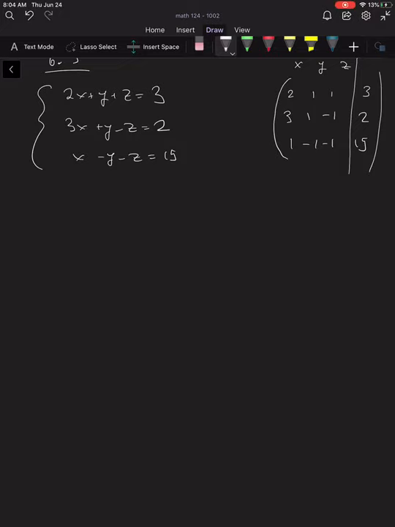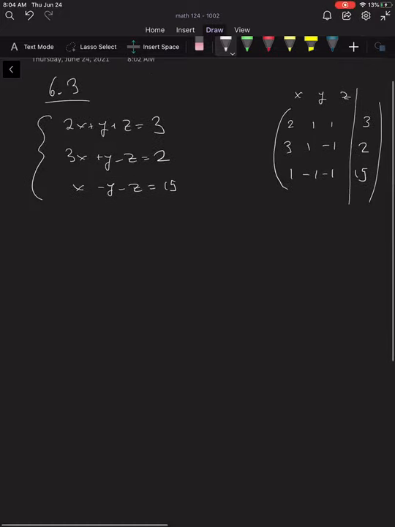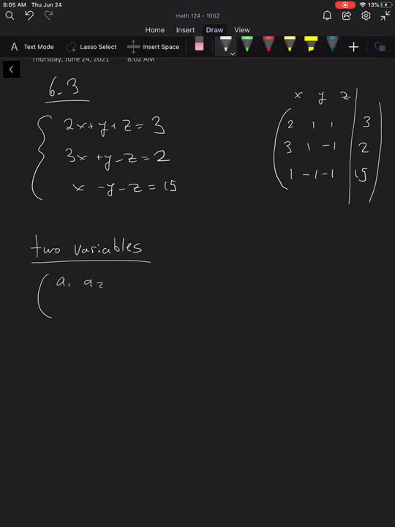We're only going to do two situations, either if we have 3 variables or if we have 2 variables. So let's just talk about 2 variables. The idea is the same in both, but there's an extra added step if we have 3 variables. Say we have some matrix: A1, A2, B1, B2, C1, C2.